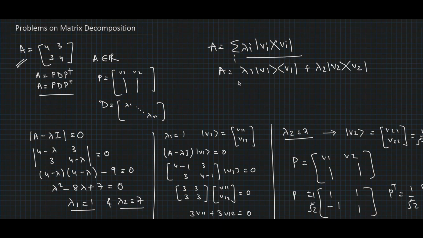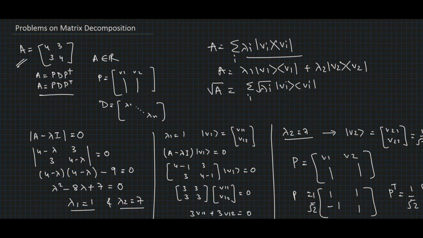Writing the matrix in this notation helps us to calculate its square root and logarithm, such that if you want to find root of A and we have written the matrix in its spectral decomposition, so root of A would be equal to summation over i of root of lambda i times ket vi bra vi.